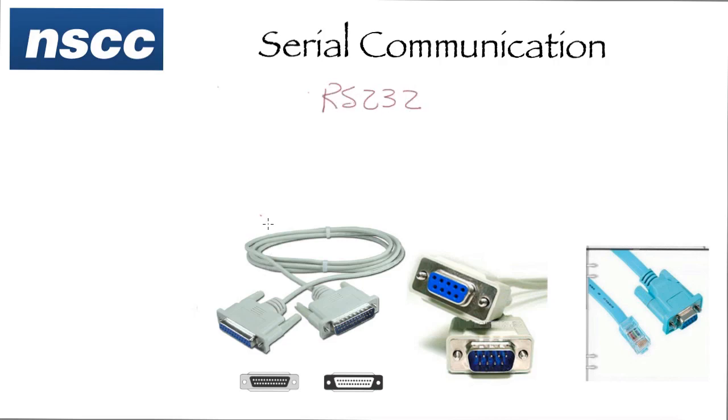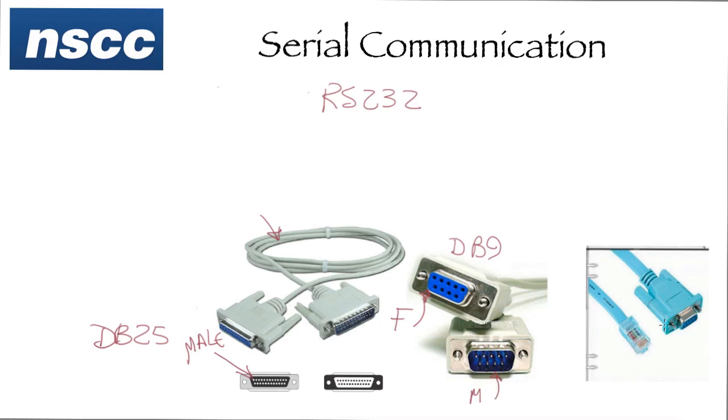So you may have cables which use what are called a DB25 with 25 pins, and you'll see they come in male versions and female versions. They also come in what's called a DB9 for 9 pin. This is the female here, the male here.